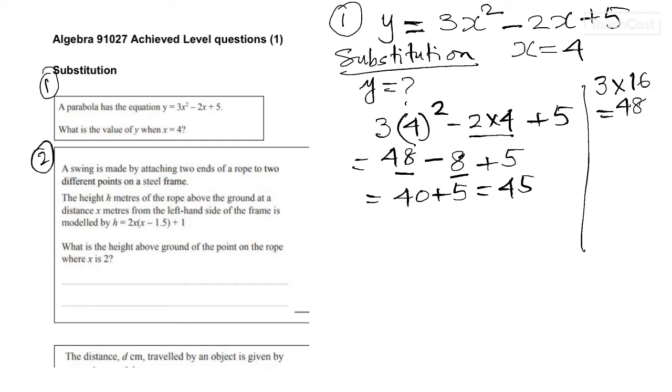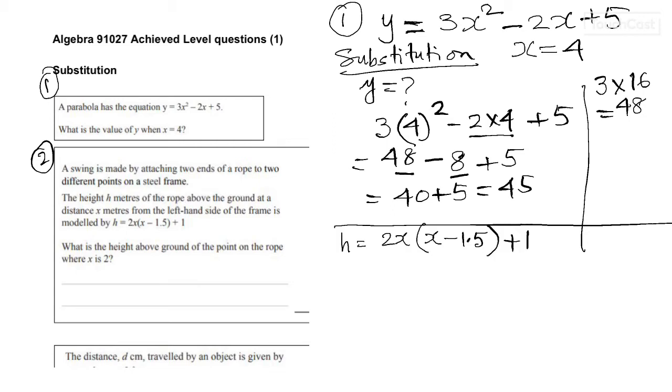Let me call the next one number 2. With this problem you don't have to understand much. Basically you have to substitute x equals 2 to get the height. So height equals 2 lots of 2 minus 1.5 plus 1.